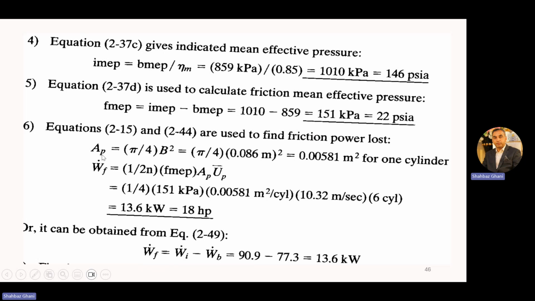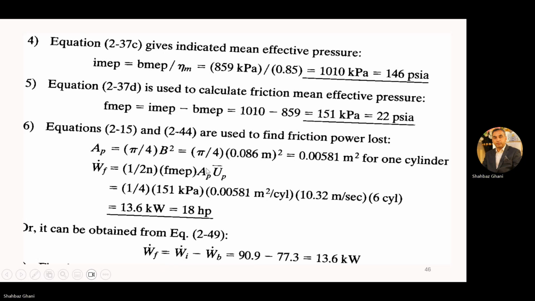So let's see. Ap is the piston face area of a cylinder, pi by 4 b square. This is for one cylinder. Now, using equation 2-44, one half times friction mean effective pressure, piston face area, and average piston speed.